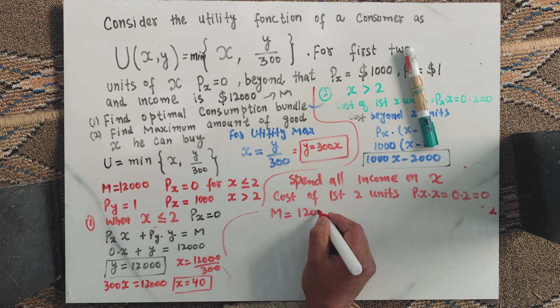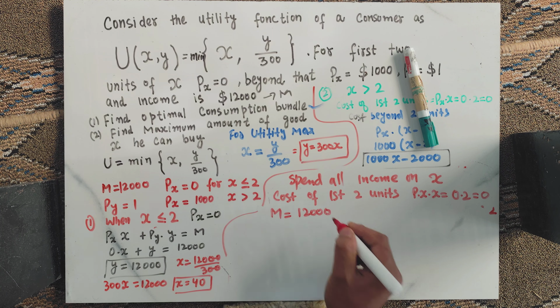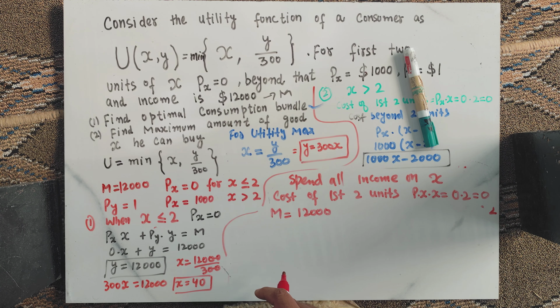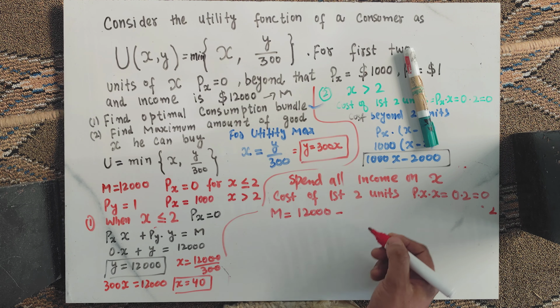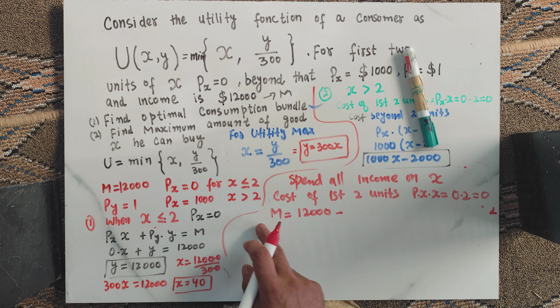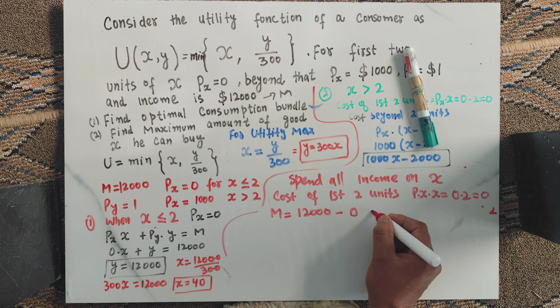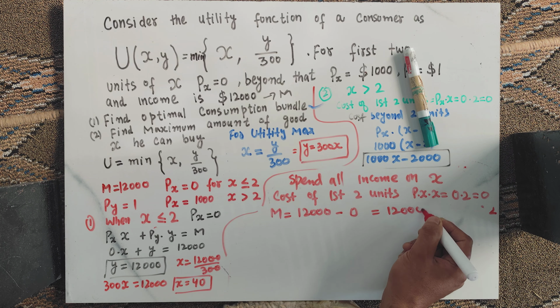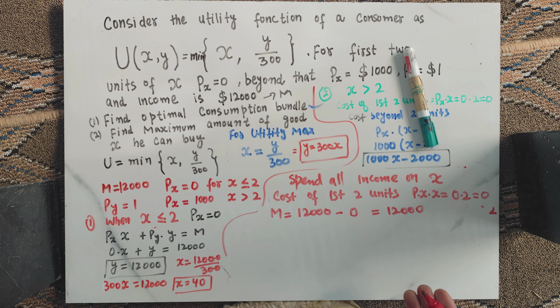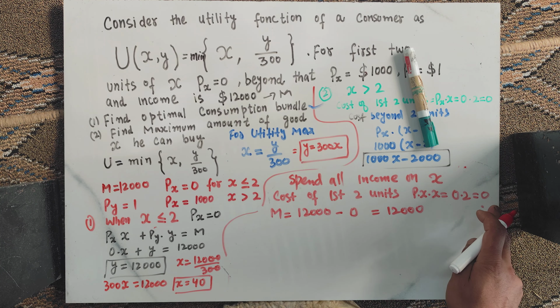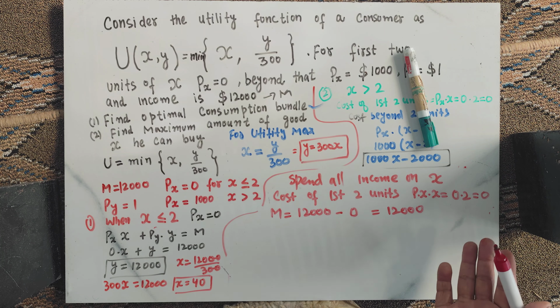That will be total income minus the cost of first 2, which is 0. So his income will be 12,000 again, because he is consuming the first 2 units free.